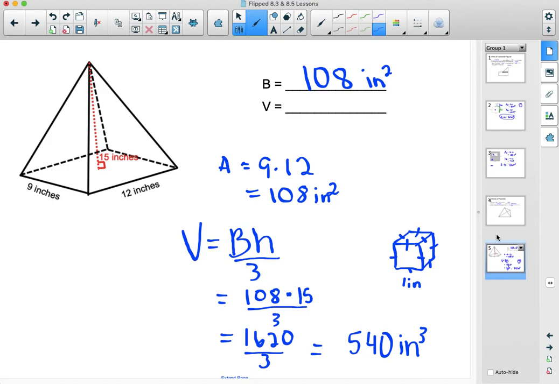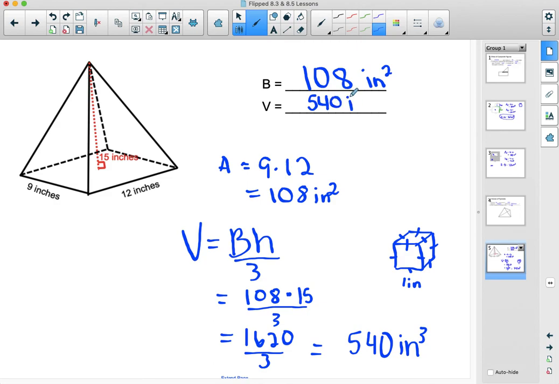We would kind of lay them on top of each other and all around without any gaps between them, and we'd fill up that triangular pyramid. So 540 of those it would take to fill up that pyramid. Okay, 1 inch by 1 inch by 1 inch. So final answer for my volume is 540 cubic inches.